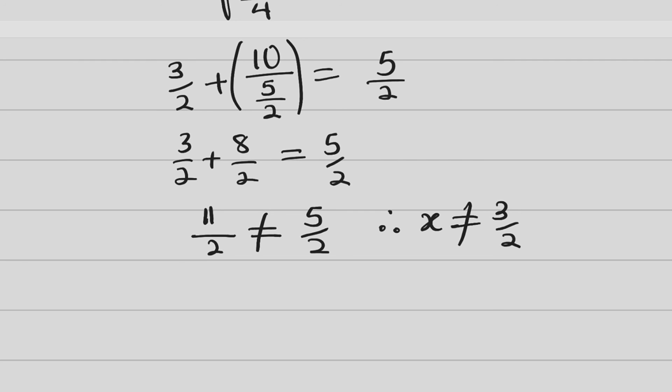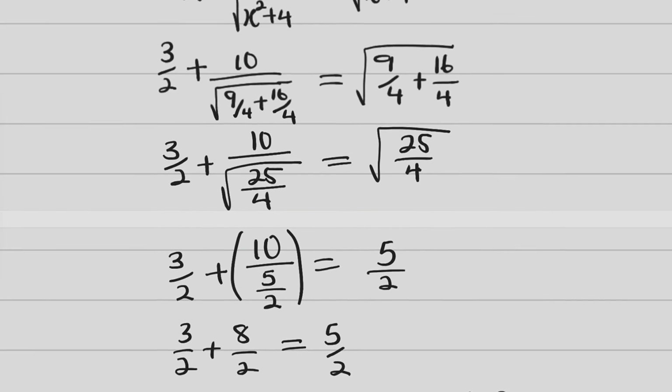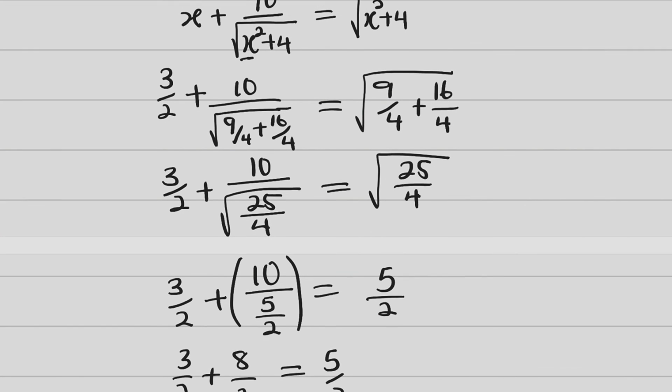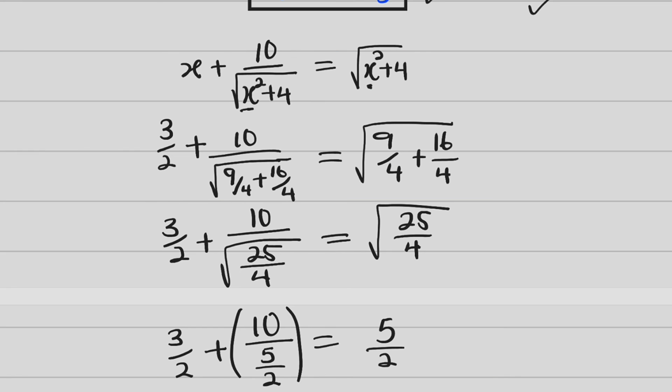What do we do next? We're going to test for x equal to negative 3 over 2. But we can reduce the work because you can see that all this power of 2 will make that negative sign become positive. So the only one that will stay negative is this value to the left, 3 over 2. So we are going to make it negative.